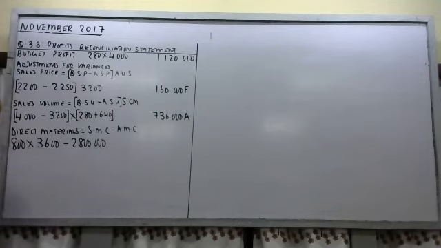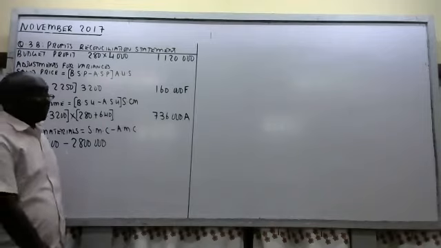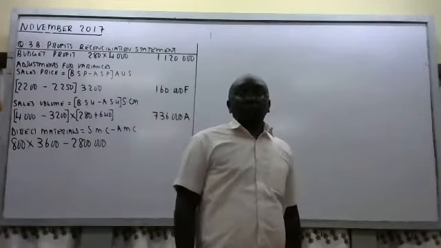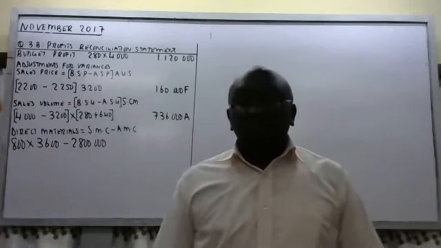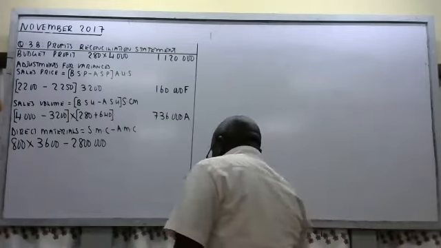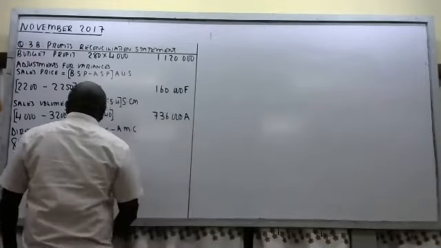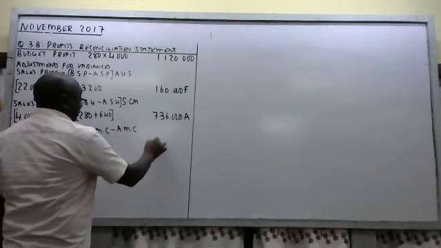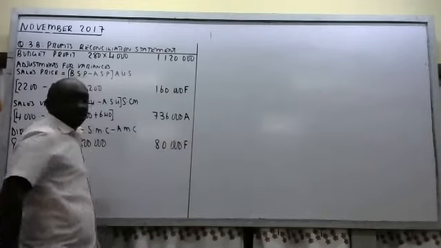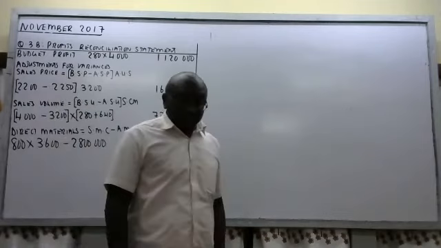Tell me how much that is. 80,000, favorable or adverse? It is positive. Yeah, it is positive.